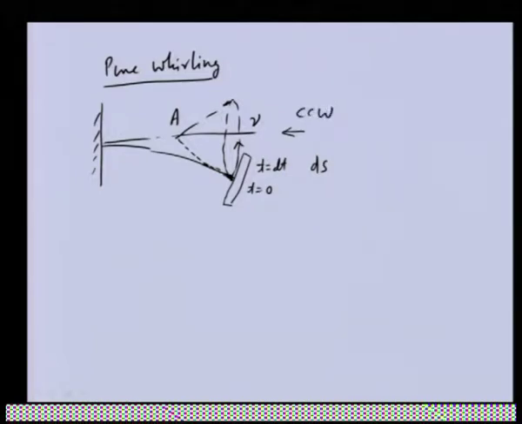So, after some time the disc will reach from this bottom position, which is C, to, let us say, a position which is C prime. So, that will be inside the screen.